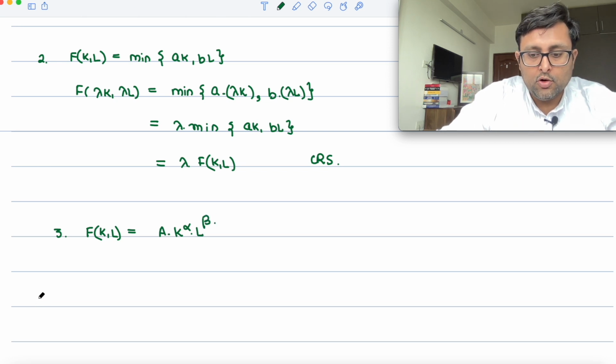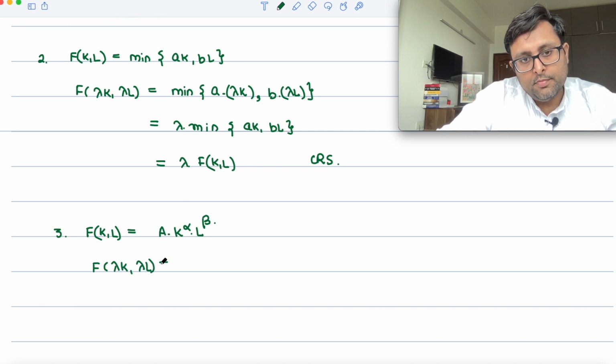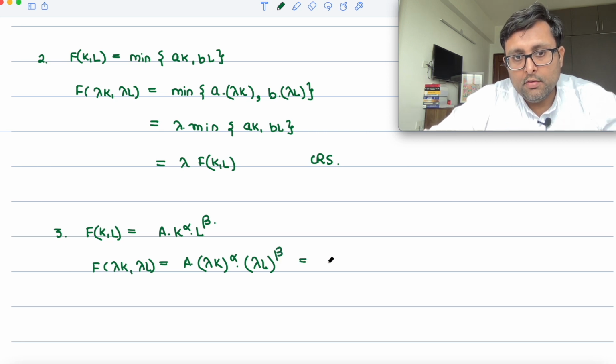Now take K to the power alpha, L to the power beta, the Cobb-Douglas production function. In place of K, you can write lambda K. In place of L, you can write lambda L. You can take lambda common.